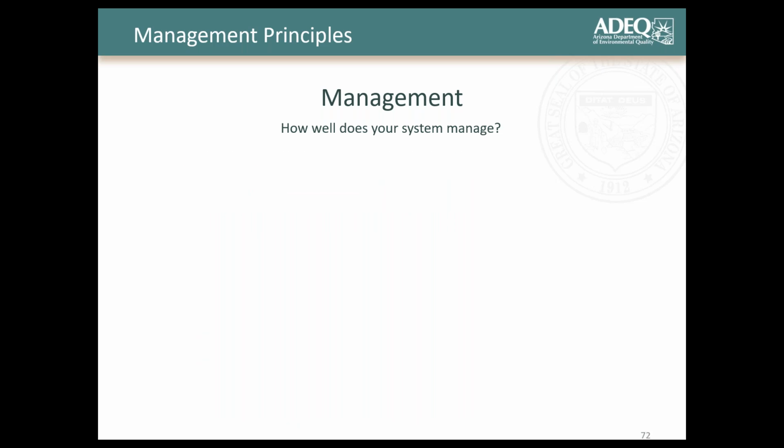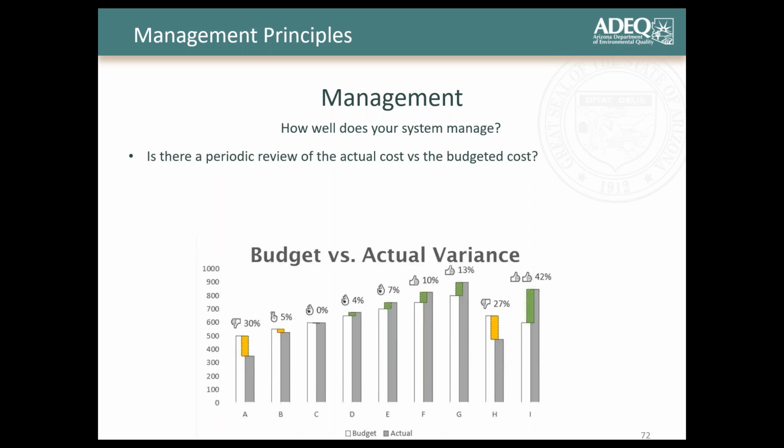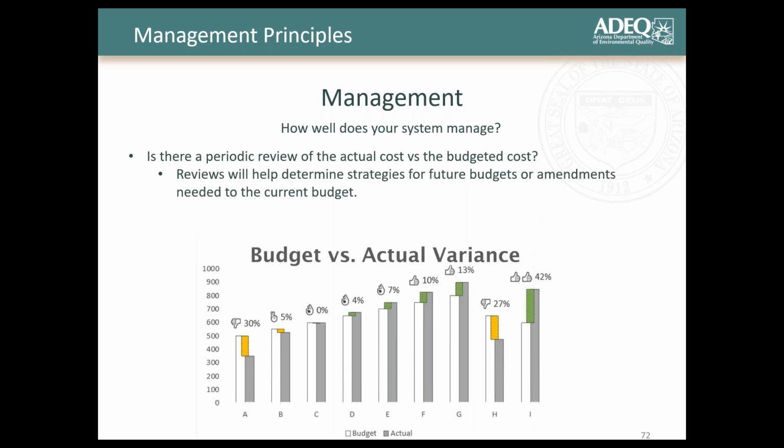So another thing that you should think about in management is your review of your actual costs versus your budgeted costs. This is going to help you determine the strategies for future budgets and amendments. Look, you have to know where you're at.